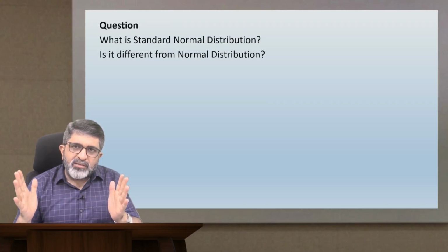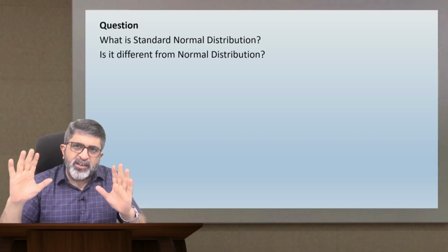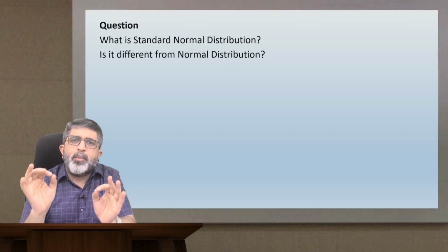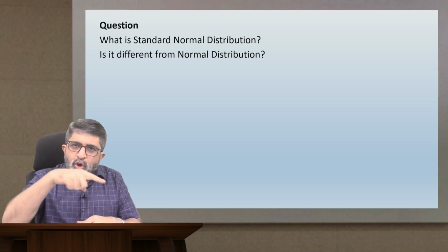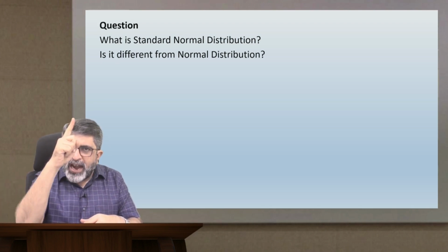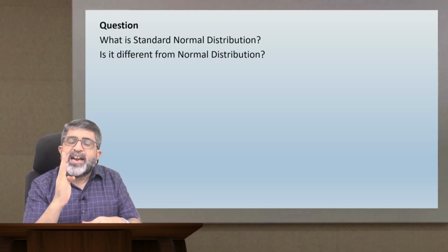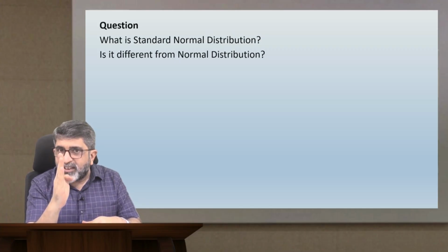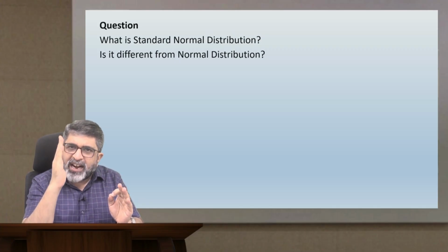So imagine if I draw a normal curve, a normal distribution, assuming that the data is normally distributed, you draw a bell-shaped curve. At the center axis, you always write the mean, correct? You should know that in a normal distribution, the mean is at the center.